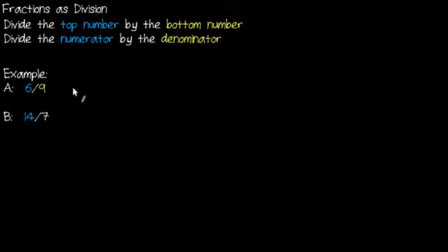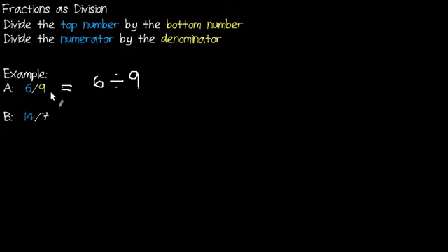So by what we just said, this 6/9 is the same thing as 6 divided by 9. And of course, we haven't really seen how you can divide a smaller number by a bigger number, so we can't really do this, so we're not going to take that any further.